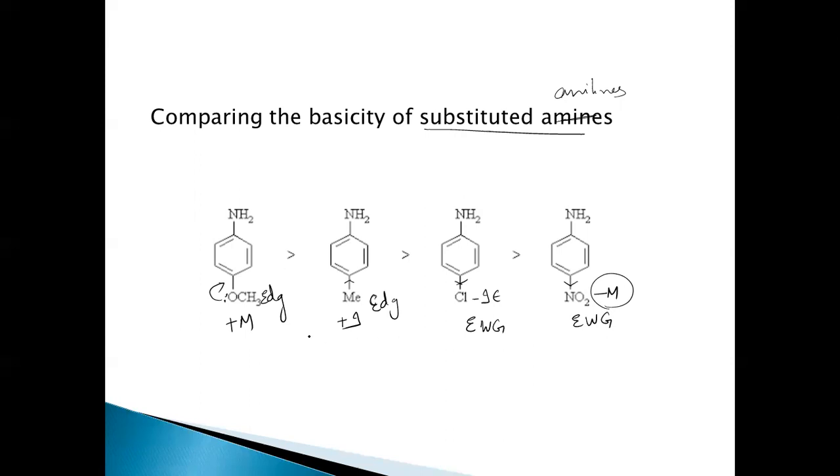It can be explained based on electron withdrawing or electron donating nature, and based on the two effects, that is mesomeric effect and the inductive effect. Electron donating groups will increase the availability of the electrons on the nitrogen, thereby increasing the basicity. Electron withdrawing groups will decrease the availability of the electrons on the nitrogen, thereby decreasing the basicity. And mesomeric effect is a stronger effect than the inductive effect. So I'm writing them in the order of their effects here.